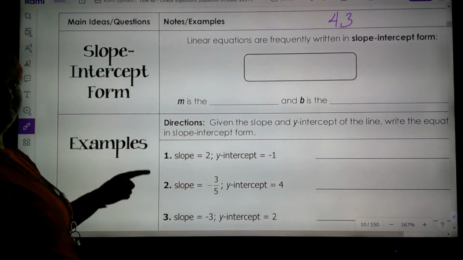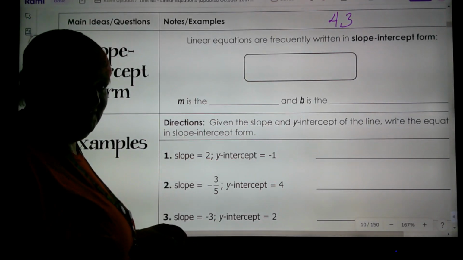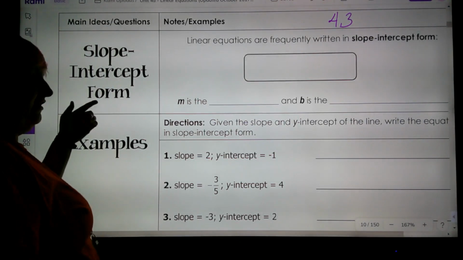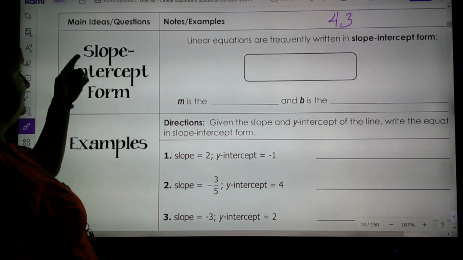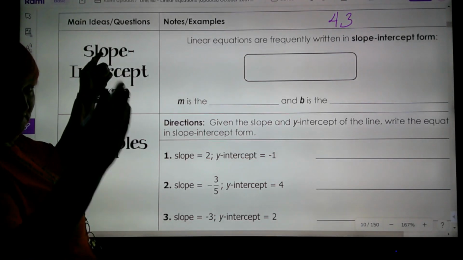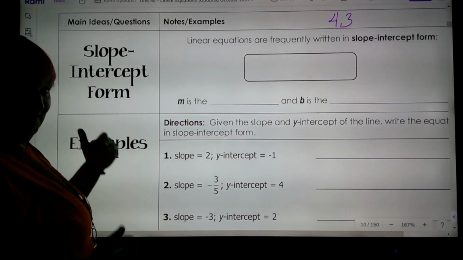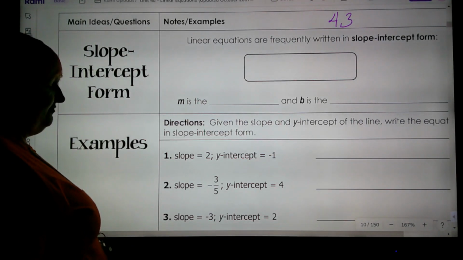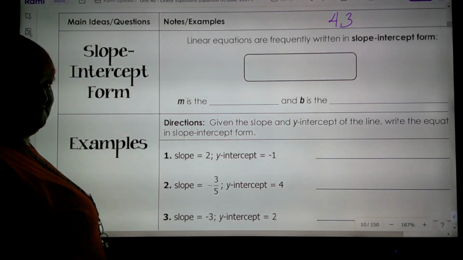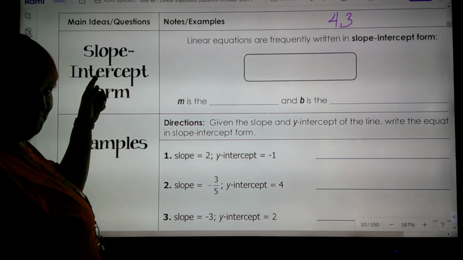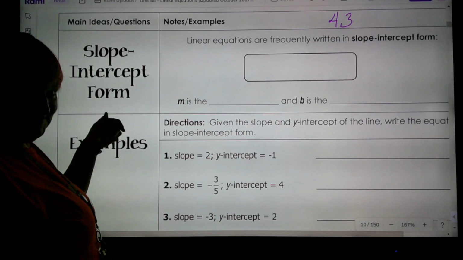Slope-intercept form. Remember what I said about reading the name of something? This is the formula to tell us where the line intercepts. It's going to tell us where the line crosses the y-axis.